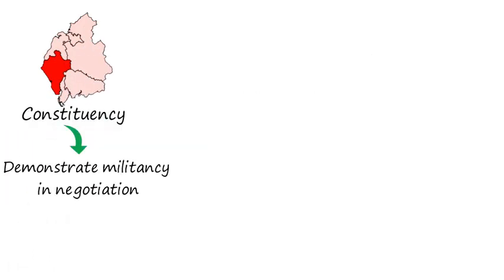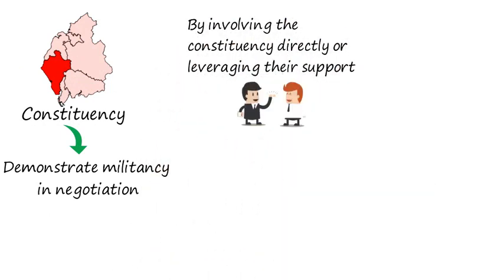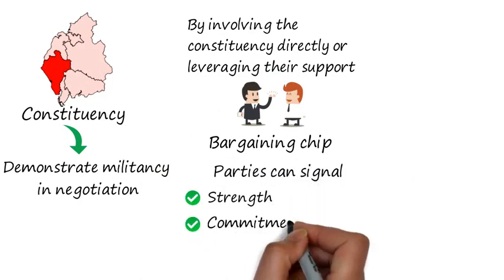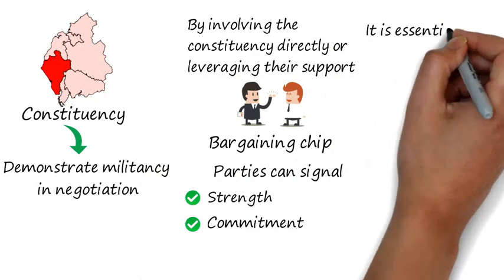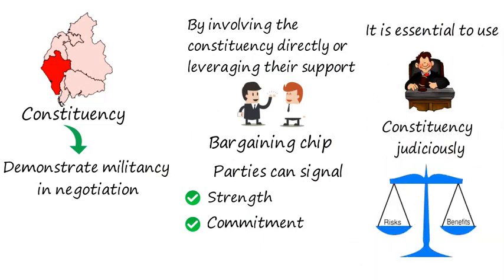Using the constituency can be an effective way to demonstrate militancy in negotiation. By involving the constituency directly or leveraging their support as a bargaining chip, parties can signal their strength and commitment to their position. However, it is essential to use the constituency judiciously and consider the potential risks and benefits of involving them in the negotiation process.